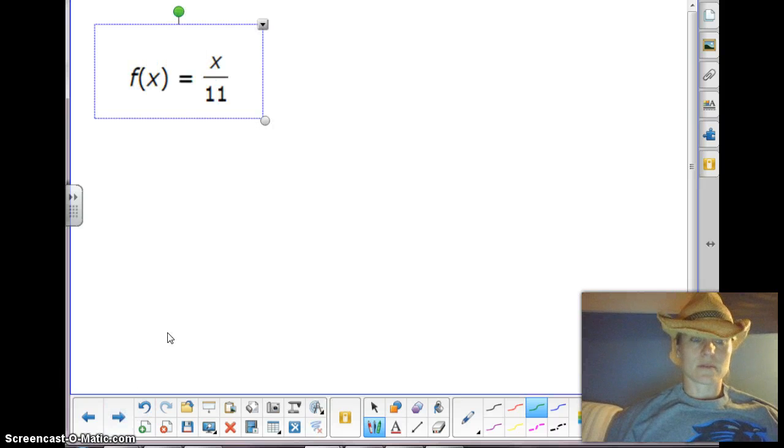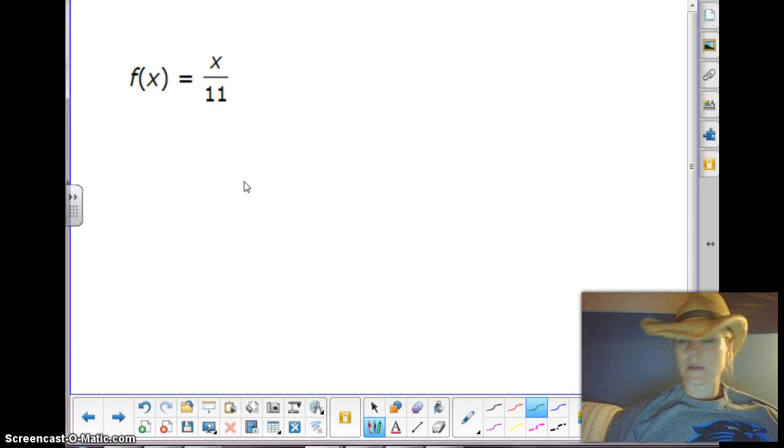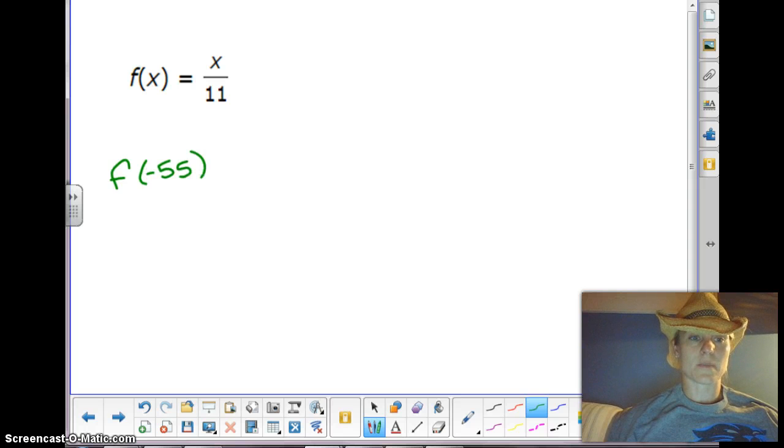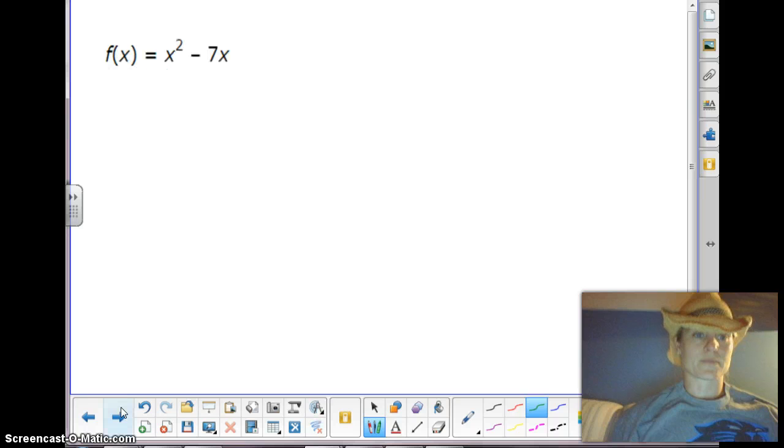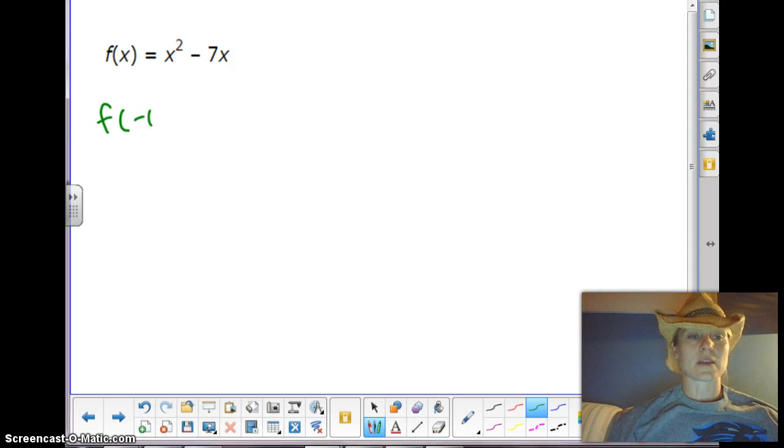Here, I would like for you to find out what f of negative 55 is. Ooh, and this one would be a little tricky one. Here, I would like for you to find out what f of negative 1 is.